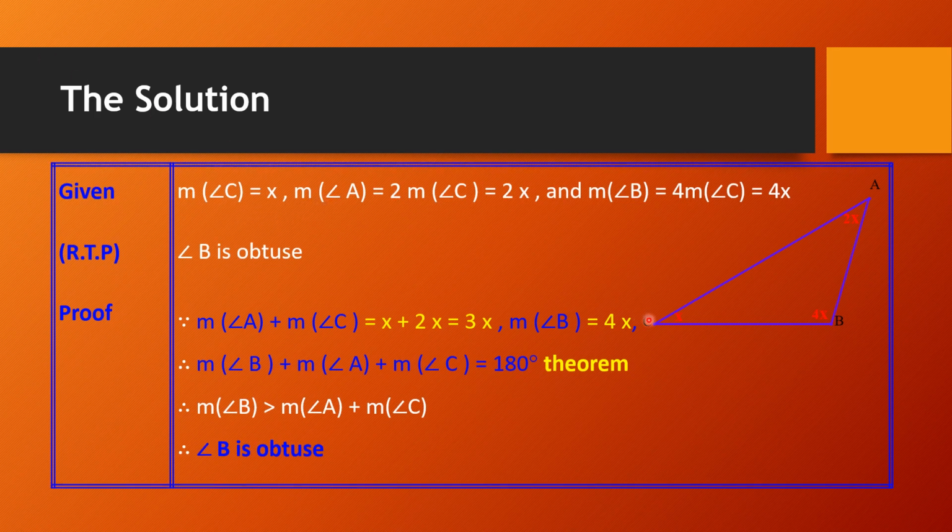Given measure angle C equal x, measure angle A equal to measure angle C, so twice measure angle C equal 2x, and measure angle B equal 4 measure angle C equal 4x. RTP: required to prove measure angle B is obtuse.